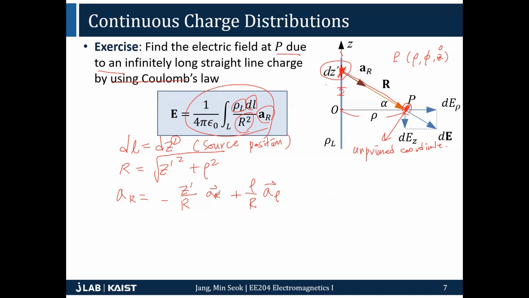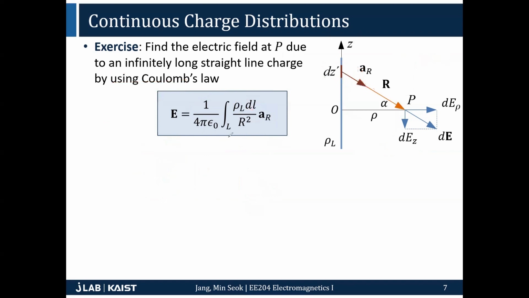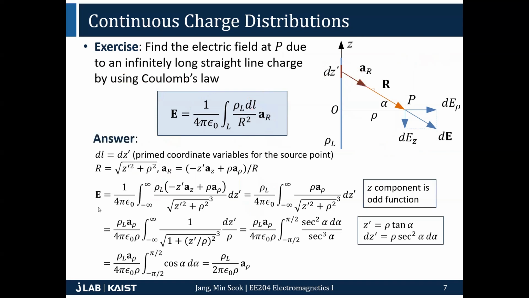If you decompose this into the z direction and the rho direction, you'll see that the rho component is about this much and the z component is about this much. Then what you need to do is just plug everything into the equation and solve. If you plug everything in, you get this equation.